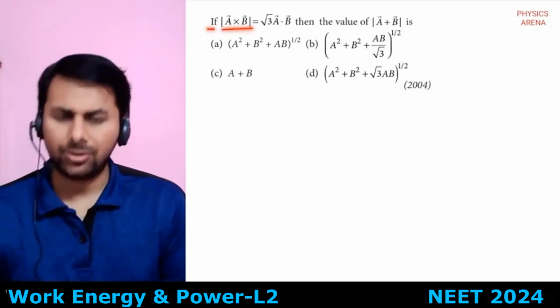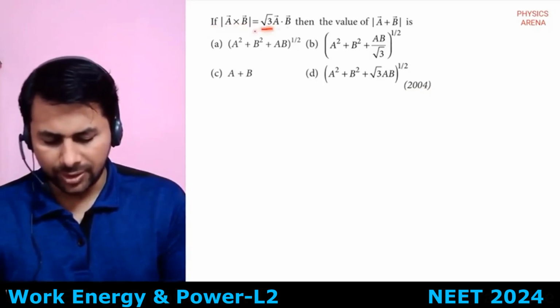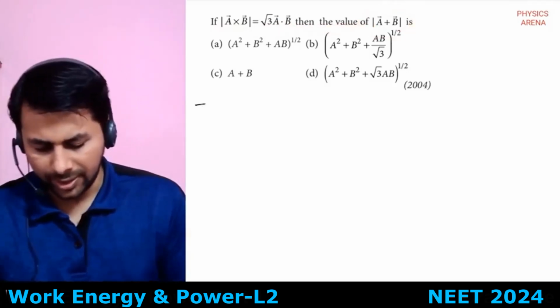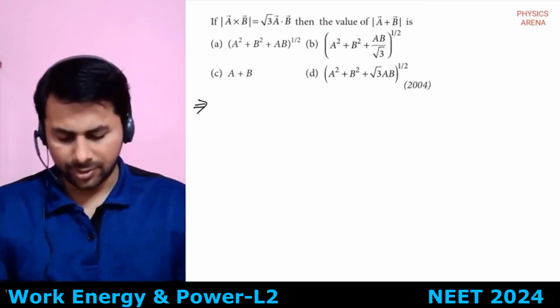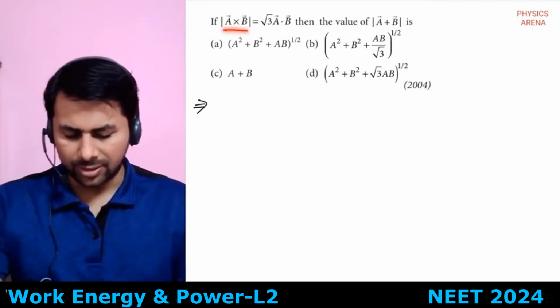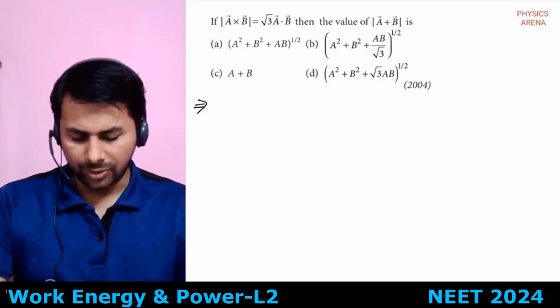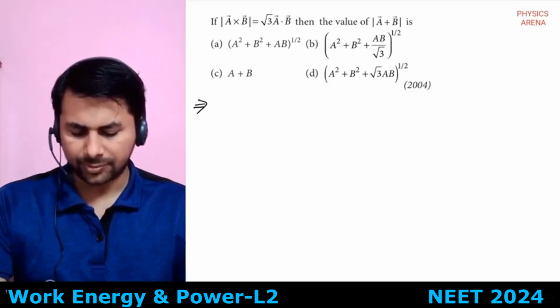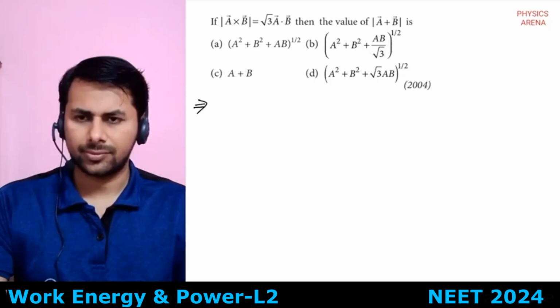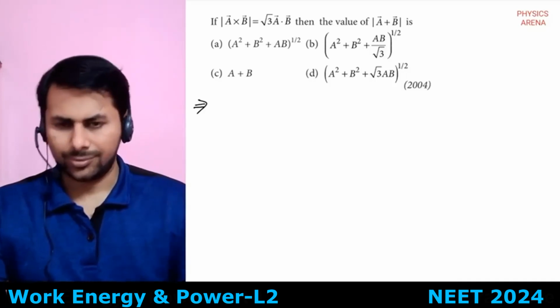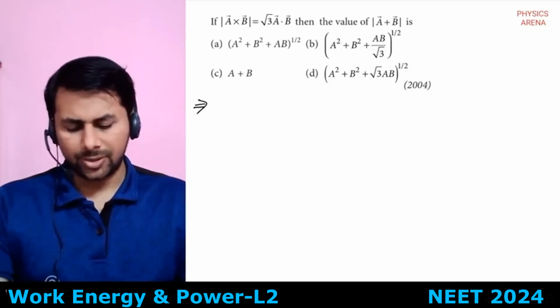If magnitude of a bar cross b bar is equal to root 3 times a bar dot b bar, then the value of a bar plus b bar is. Tell me, what should we do? See, this is also simple.